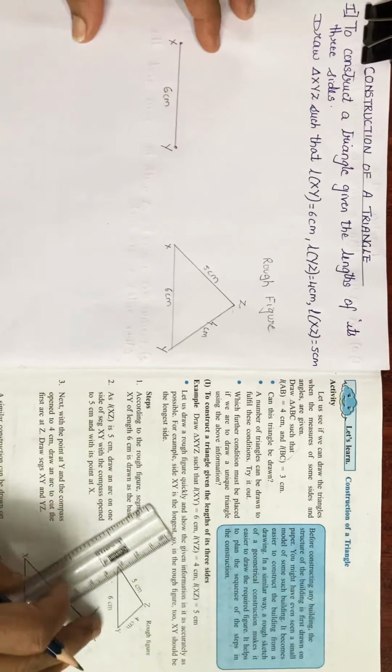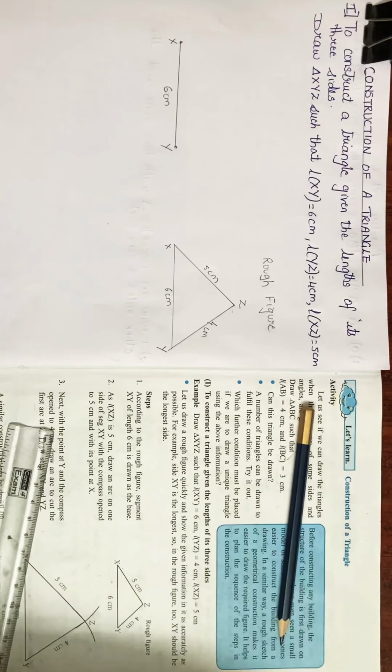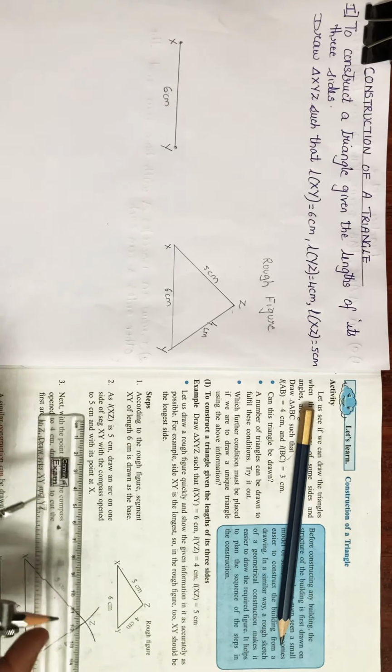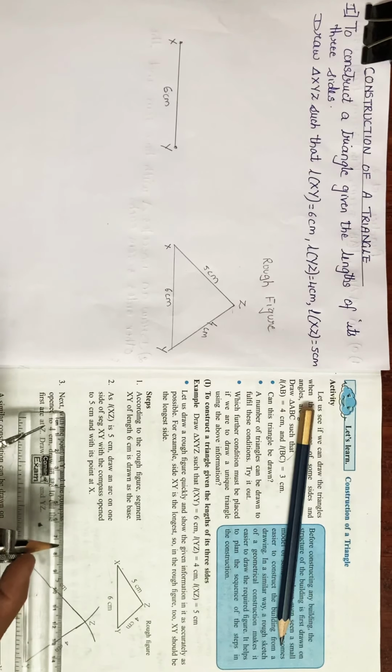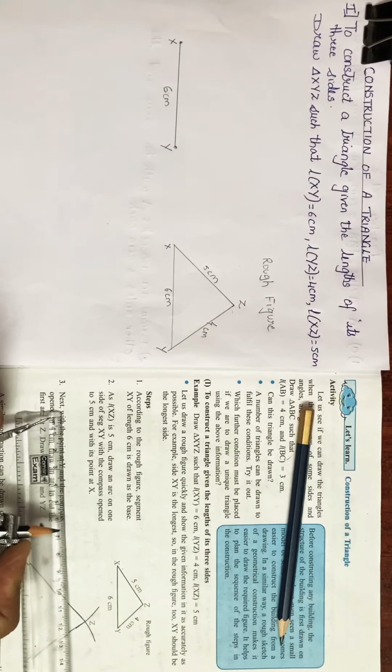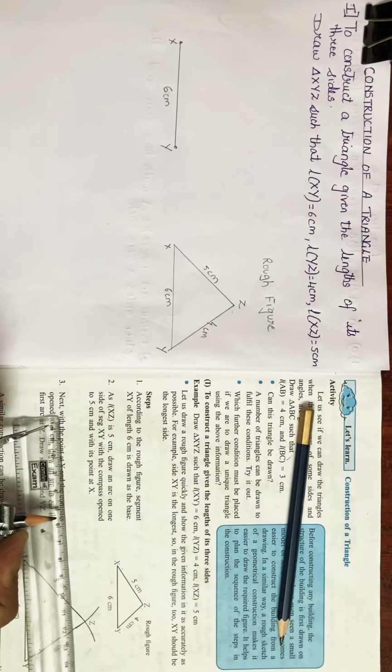Now, with the help of the compass, we'll keep it on the scale, with the pointer on 0. XZ is 5 centimeters, so let the pencil point rest on 5.